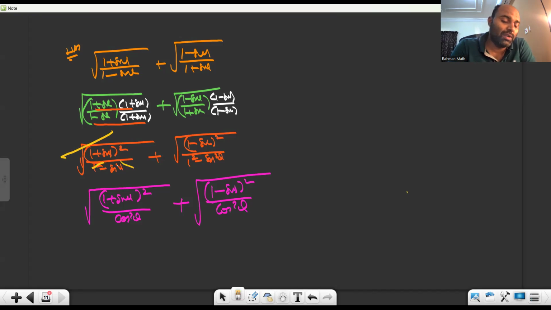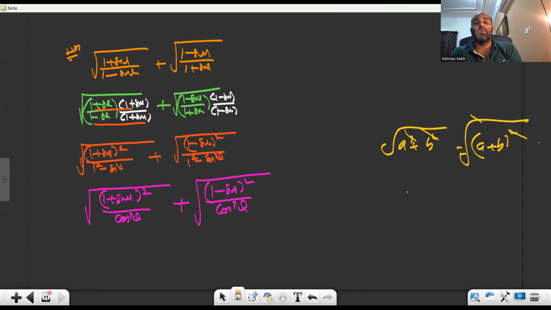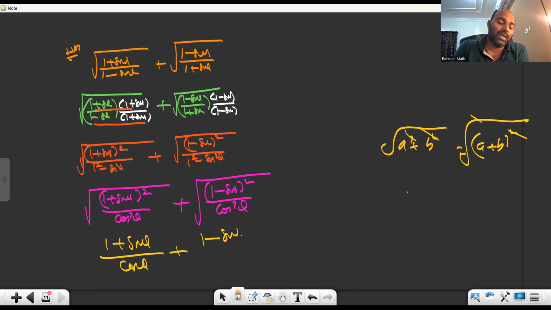The square root of a square plus b square you are not allowed to cut, but the square root of a plus b whole square you can cut. That is allowed. Here 1 plus sine theta square and square root go. Denominator cos square theta goes, so cos theta. Here 1 minus sine theta by cos theta.